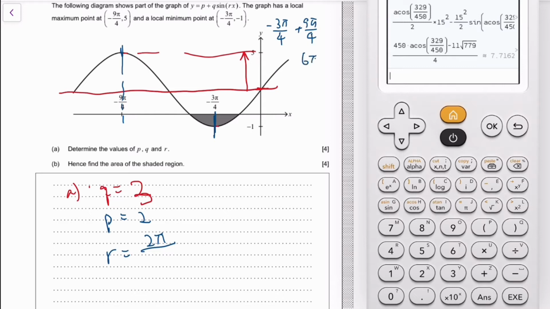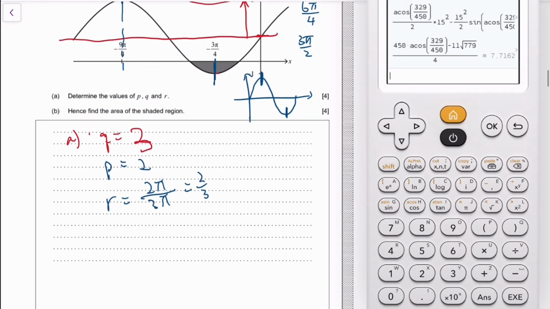So it's 6 pi over 4. So it's 3 pi over 2. But this is only half a period, right? Because a full period goes from the highest point to the lowest point and back, so this is like half of it. So the period is 3 pi. So R must be 2 over 3.